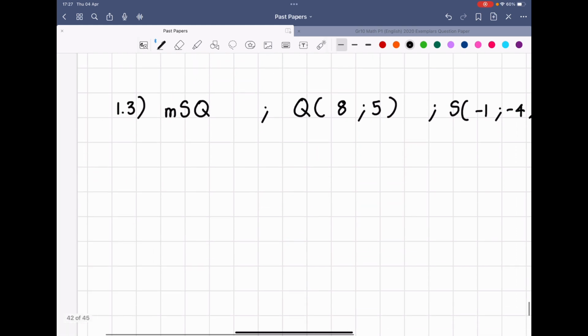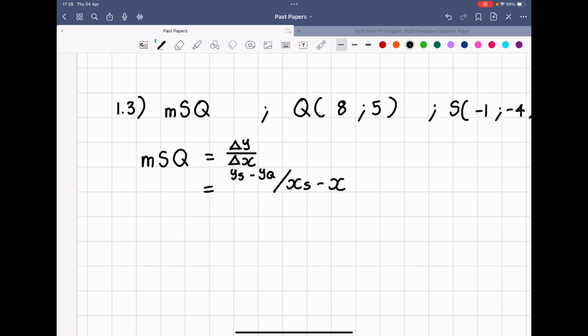And so to find the gradient, I can just use the gradient formula, which is the rise over run. So that's going to be change in y over change in x, which is going to be equal to the y of s minus the y of q divided by x of s minus x of q.